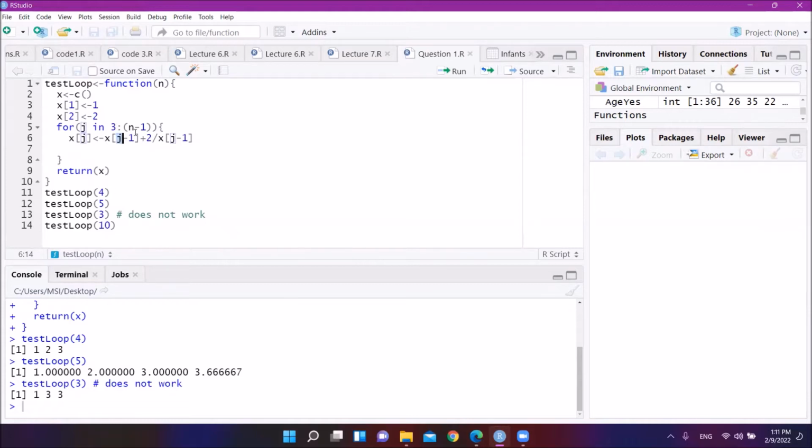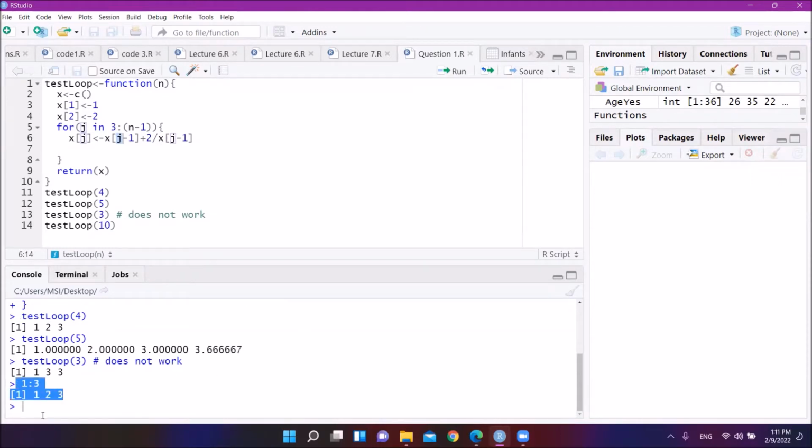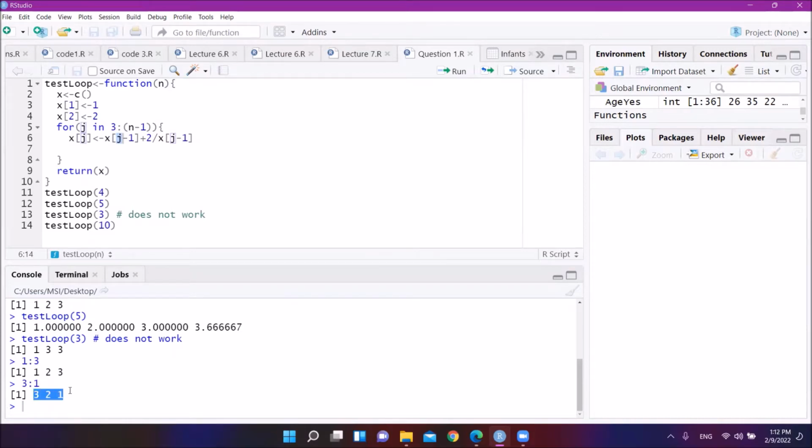And when it goes back, j becomes 2, because even if we give a vector, it could give it in reverse order, right? If we give 1 to 3, it gives us 1 to 3. If we give 3 to 1, what happens? It gives us 3 to 1. So in R, it really works in reverse order.